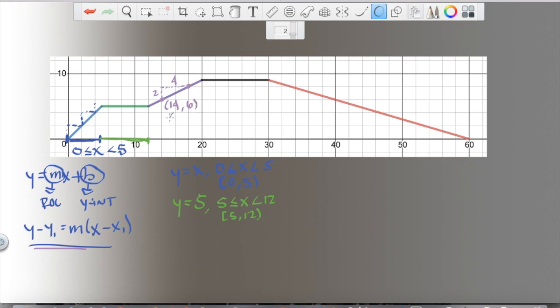And this is going to be our x sub 1, and this is going to be our y sub 1, right? And so we can plug that information into this equation. So we would get y minus my y sub 1, which is 6, equals m, which we already said was going to be 2 over 4, or in other words 1/2, times x minus my x sub 1, which is 14.